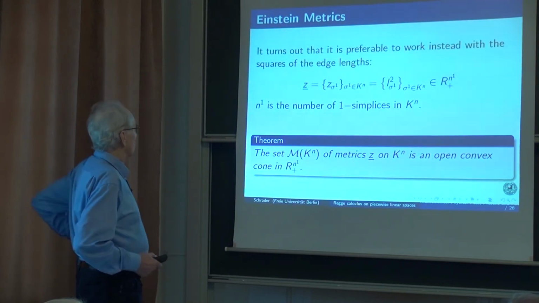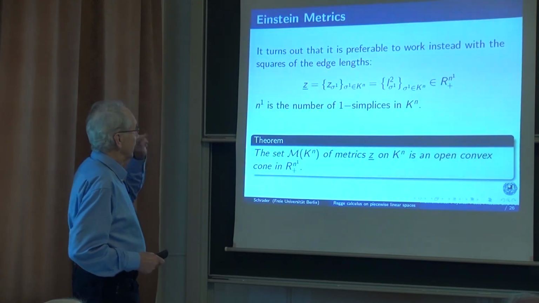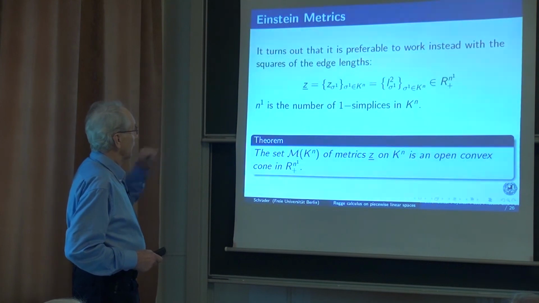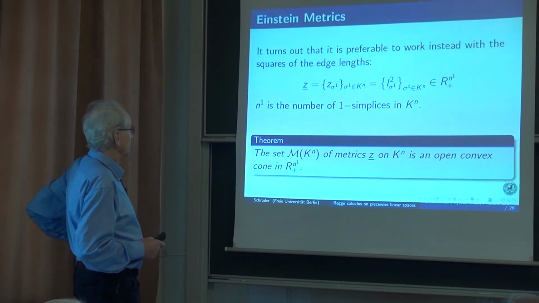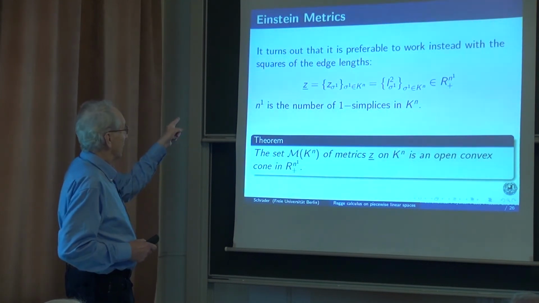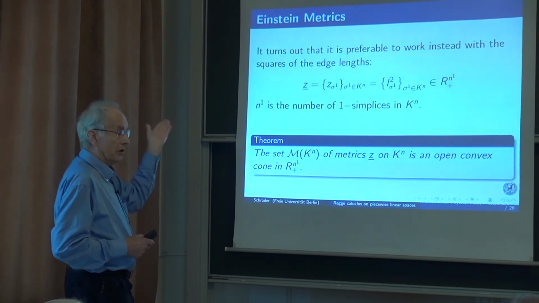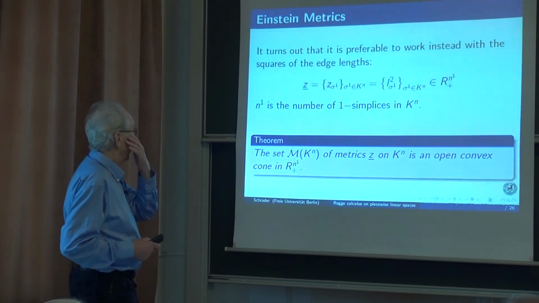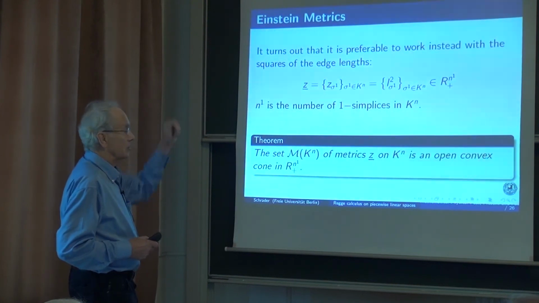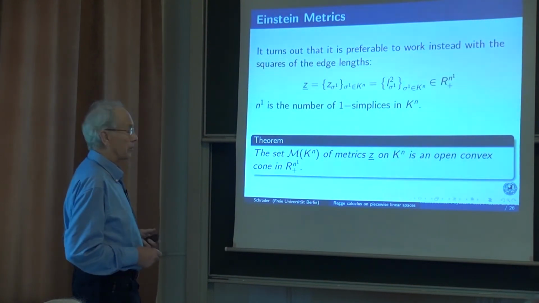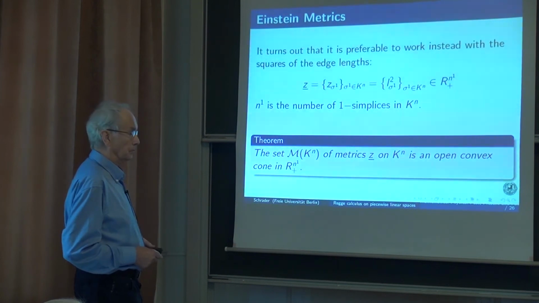So it turns out that it's better to work with the square of the lengths. So this is now a vector, an ordinary vector, in R plus to a sufficiently high dimension, namely the number of one-simplices in Kn.